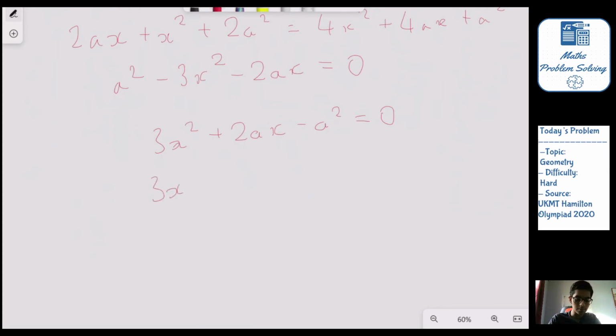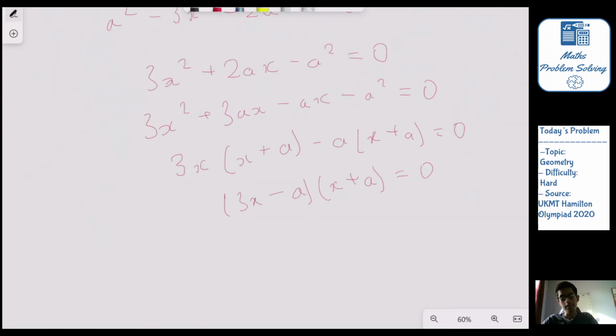Therefore, the two terms are plus 3AX and minus AX, and minus A squared. Now we can factorize this. 3x minus A, times x plus A, equals 0.